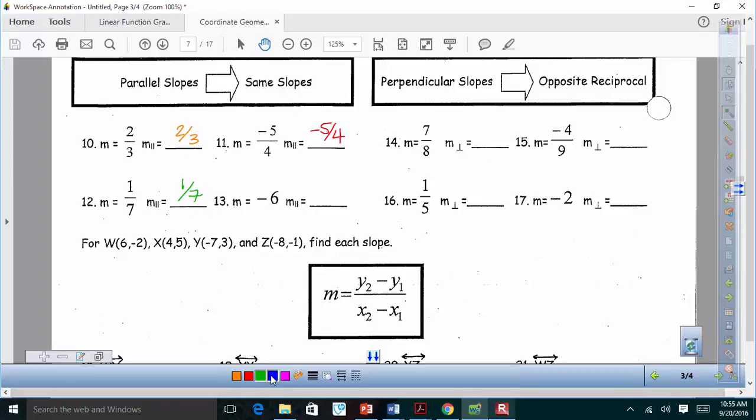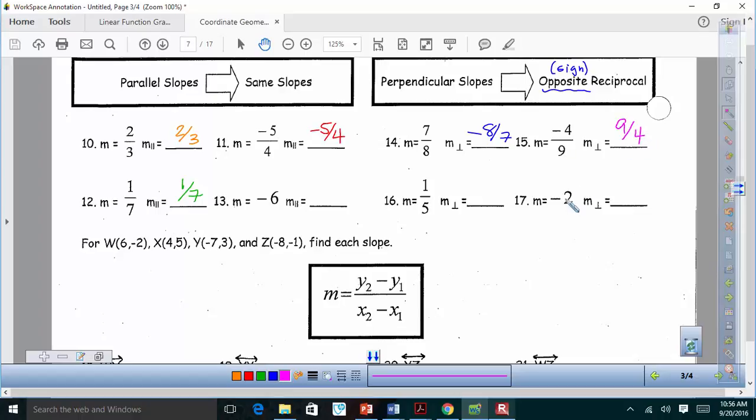Perfect. Now, let's talk about perpendicular. So it is the opposite reciprocal. Very good. So it is the reciprocal. What's the reciprocal of 7/8? 8/7. And its opposite, this is talking about the sign. So this should be what? Negative. Very good. So don't forget you have to have both. So for 15, if we're looking at -4/9, what would it actually be?